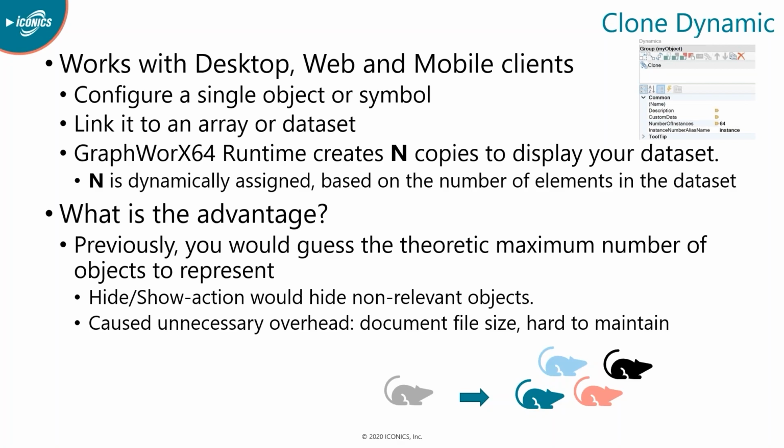That means the loading time of your graphic is also a lot slower than required. And in the end, if your graphic is handed over to your colleague 5 years from now, it would be very hard to maintain your solution. That's why the clone dynamic will help you improve that. Also, if you guessed the wrong maximum number, then your solution would not have been scalable in the future.